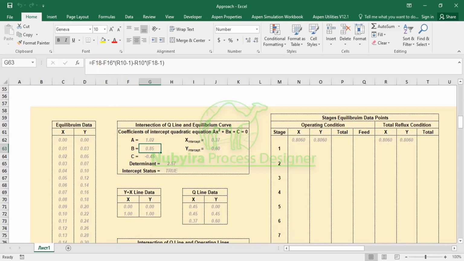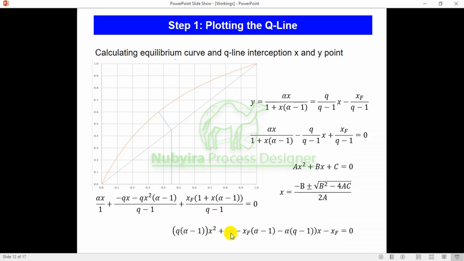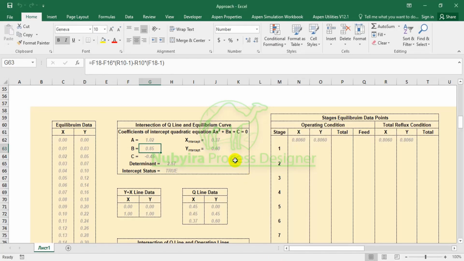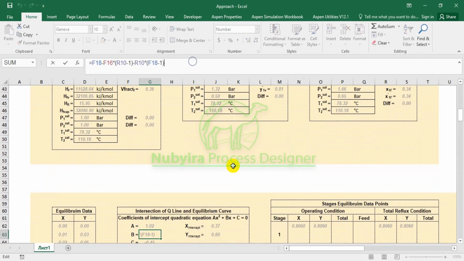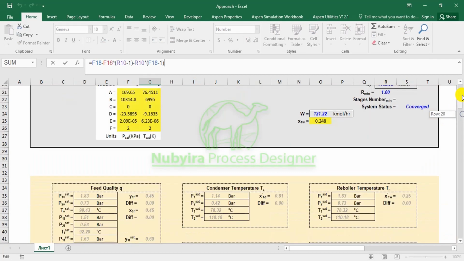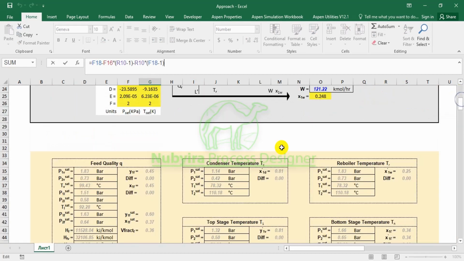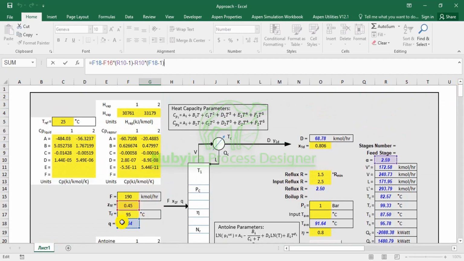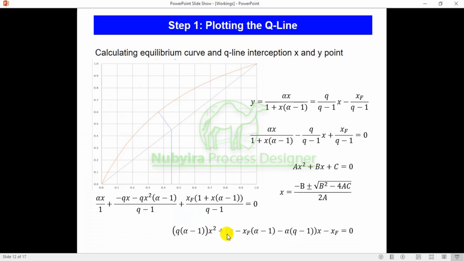F18 is q. I don't want to spend a lot of time. Then F16 is the mole fraction xf, which corresponds to this minus xf.